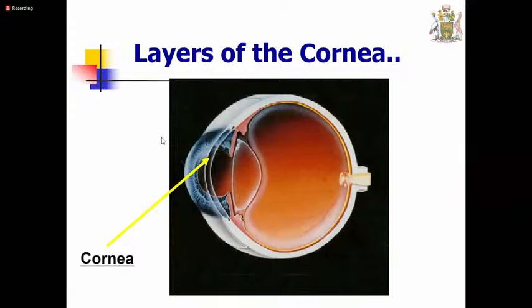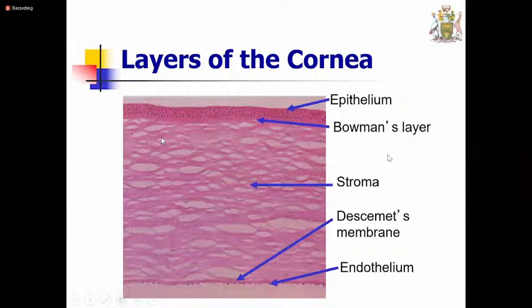We'll go through the layers of the cornea so that you know the structure we're handling today. The cornea has 6 layers. This diagram only shows 5 layers, but it has 6. This is the epithelium, the outermost coat of the cornea. Underlying it you have the Bowman's layer, which is a strong structure that protects the other layers.